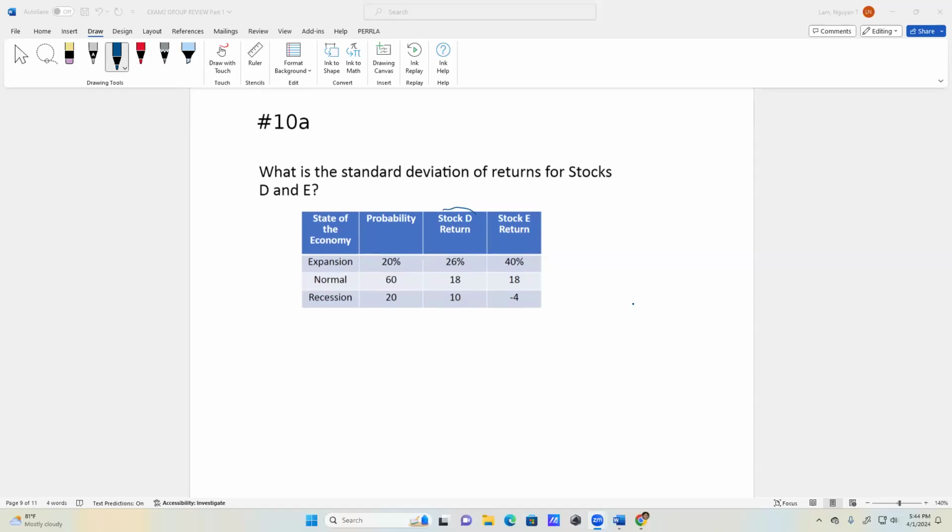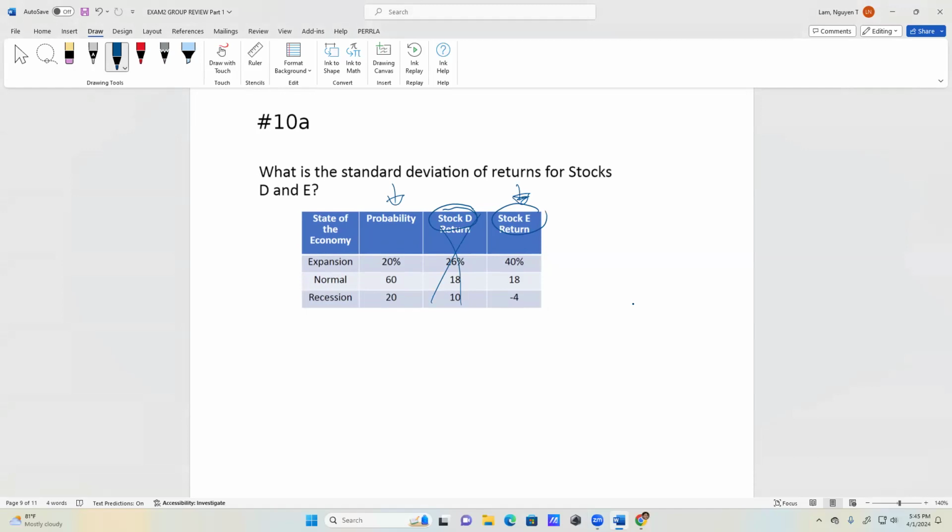Okay. So we have stock D and stock E. You know that there are two assets, asset A and asset B. Something I would do is try to eliminate one column first and then only look at these two.